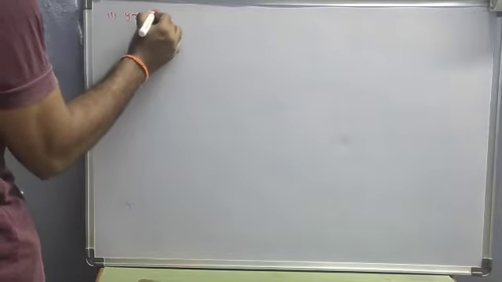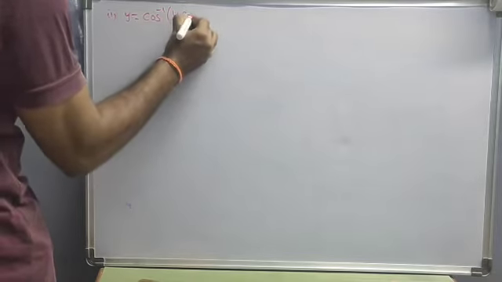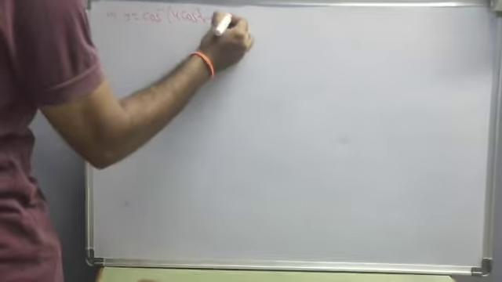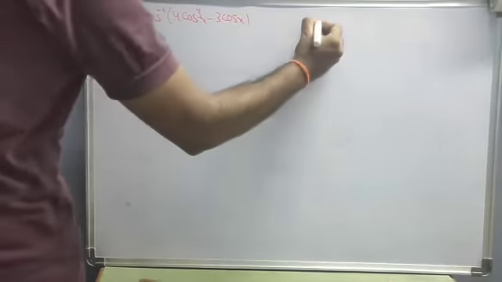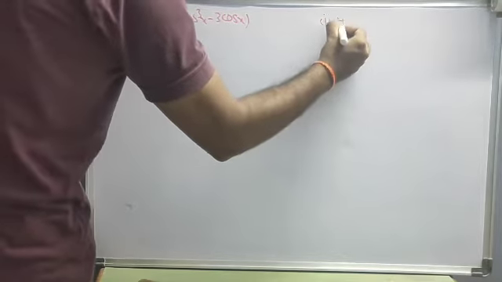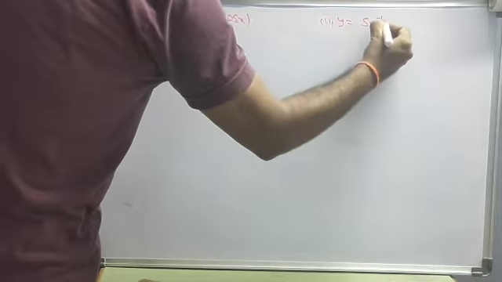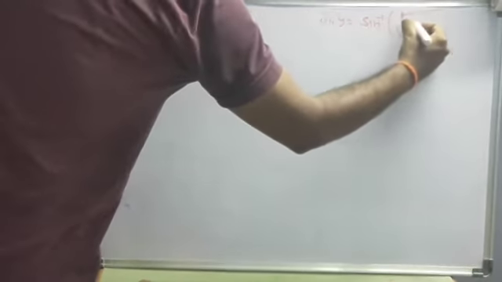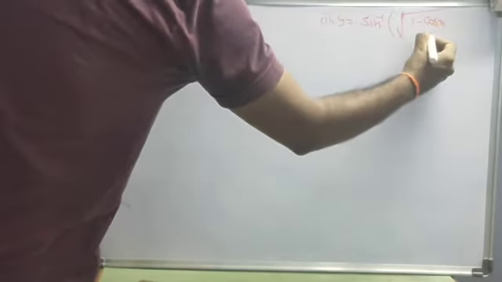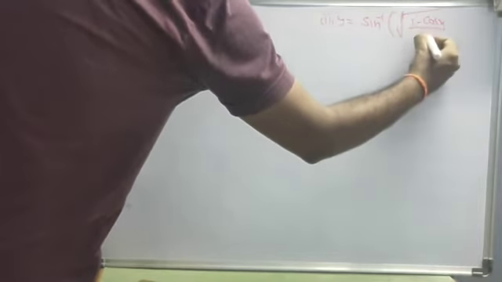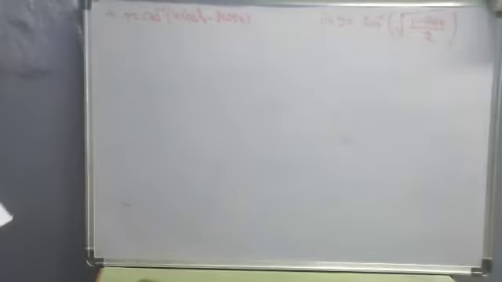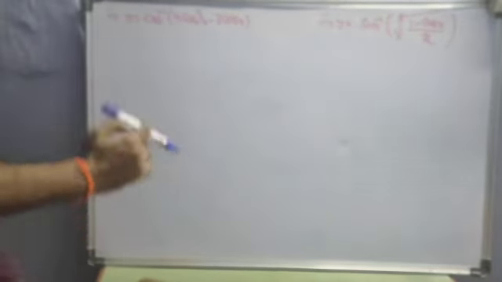y equal to cos inverse of 4 cos cube x minus 3 cos x. y equal to sine inverse of square root of 1 minus cos x by 2. Here I am taking two problems.